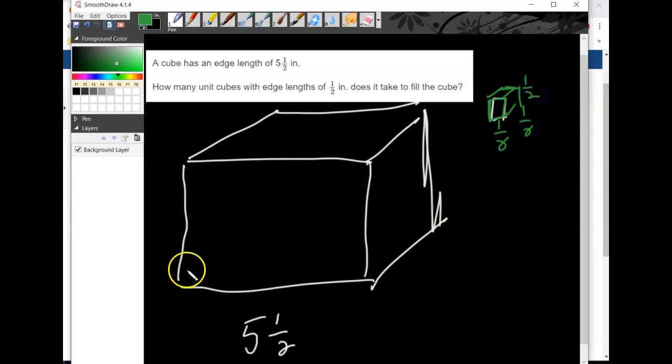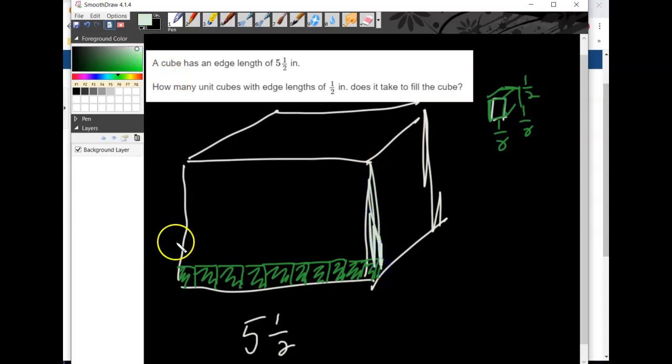So imagine trying to squeeze those in along this side. There's 1/2 inch, there's 1 inch. There's another 1/2 inch, there's 2 inches. Another 1/2 inch, 3 inches. Another, 4. Another, 5. And we have 5.5 inches along this side.